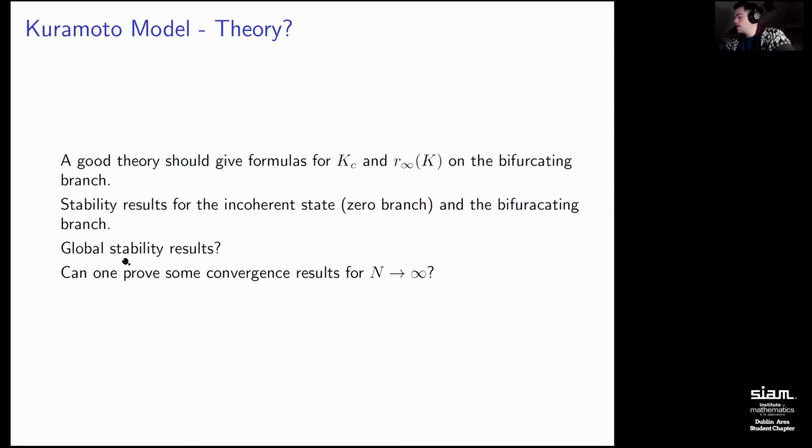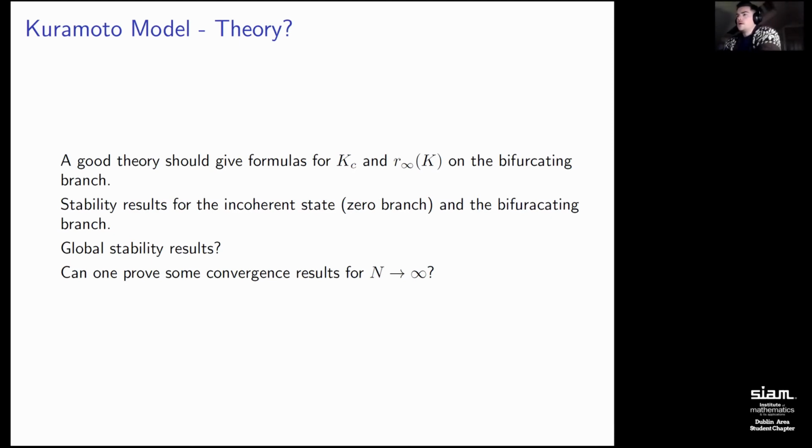And because there appears to exist an attractor from the numerical results, are there any global stability results that can be gleaned from the theory? And on top of that, can someone prove convergence results in the long term, in the limit that time goes to infinity?